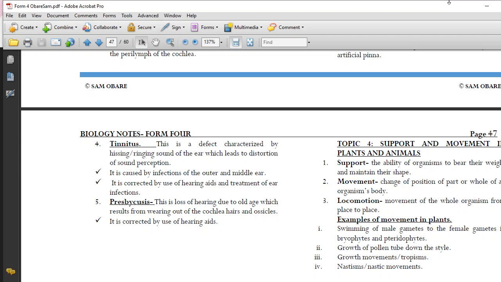So in Form 3, essentially the first topic, which is classification 1, classification 2, we are now doing the real classification of living organisms into the 7 taxonomic units we agree we have, for example, the kingdom. Then we look at the 5 kingdoms, beginning from the most primitive, which is Kingdom Monera, and these are mainly bacteria.